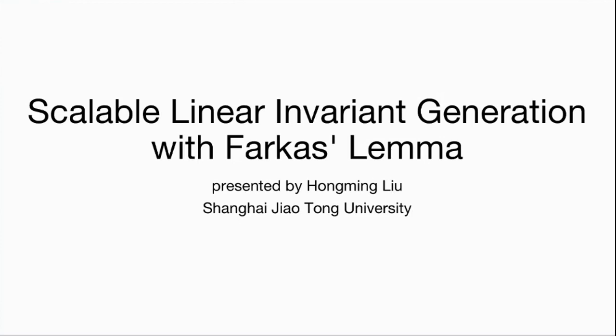We consider linear transition systems as the underlying model for invariant generation. A LinTS is a tuple where X is a finite set of real-valued variables, such that each variable represents the current value of the variable. L is a finite set of locations.